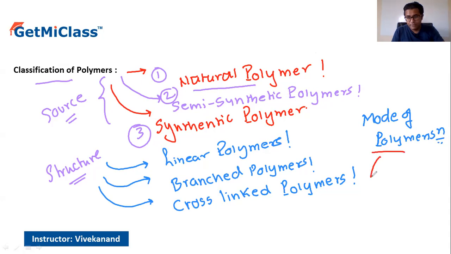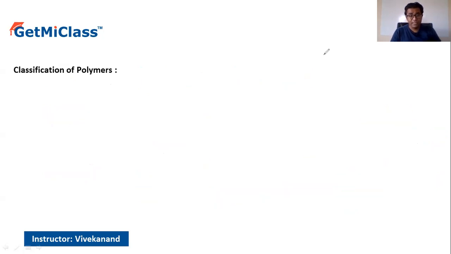Remember this, whether we are getting that particular polymer by the process of addition polymerization, or whether the mode of polymerization is condensation polymerization. Okay, so we will understand these when we speak in detail about this, which we shall do in the future classes. Okay, so this was all about the classification.